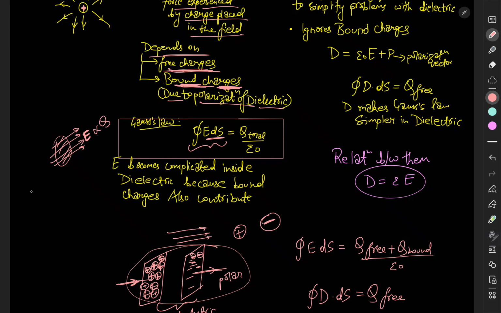Why must this be proportional to the charge? Because the total electric flux flowing out of the surface must be proportional to the total charge enclosed inside the surface.